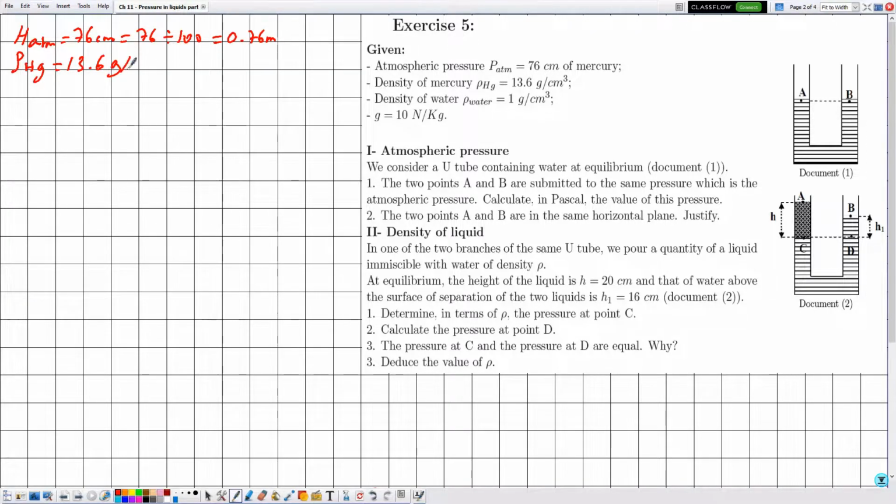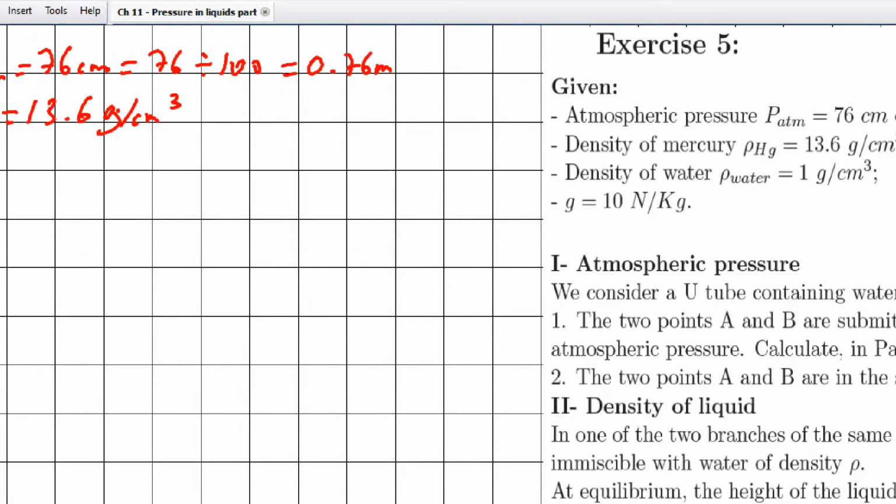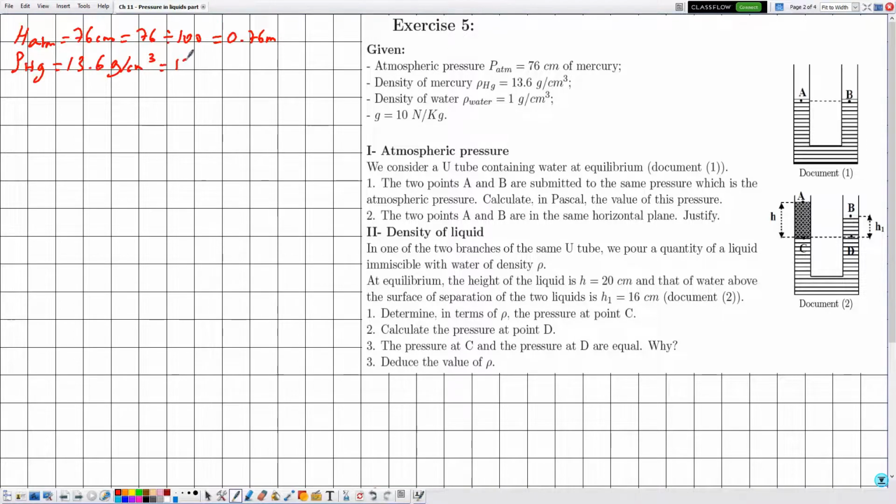Knowing that gram per centimeter cube is not the SI unit of density, in order to convert from gram per centimeter cube to kilogram per meter cube, we simply multiply by 1000. Then 13.6 multiplied by 1000 is equal to 13,600 kilogram per meter cube. And the density of raw water is equal to 1 gram per centimeter cube.